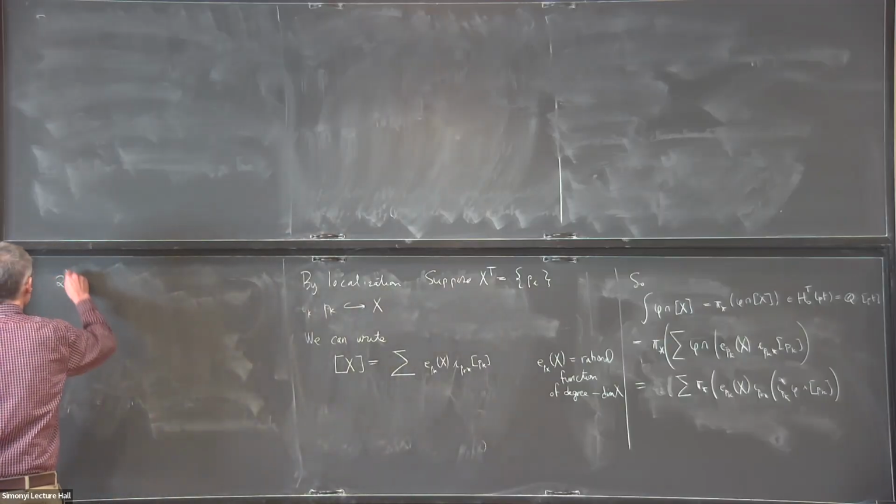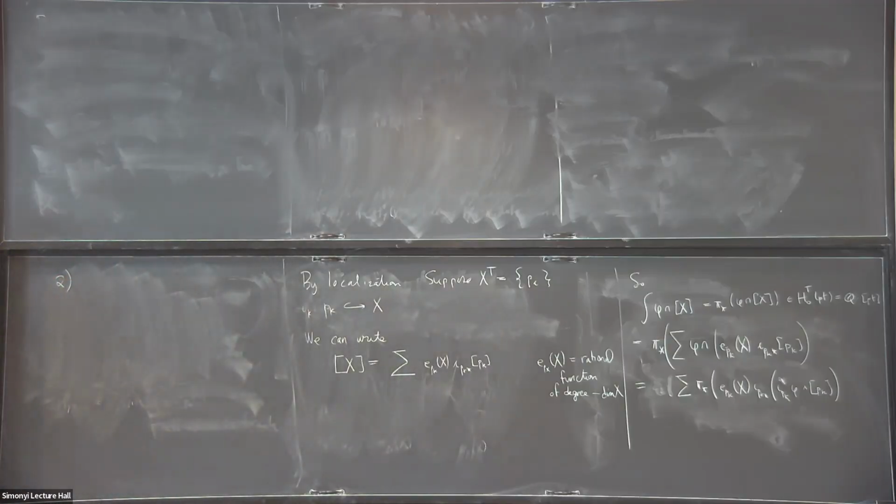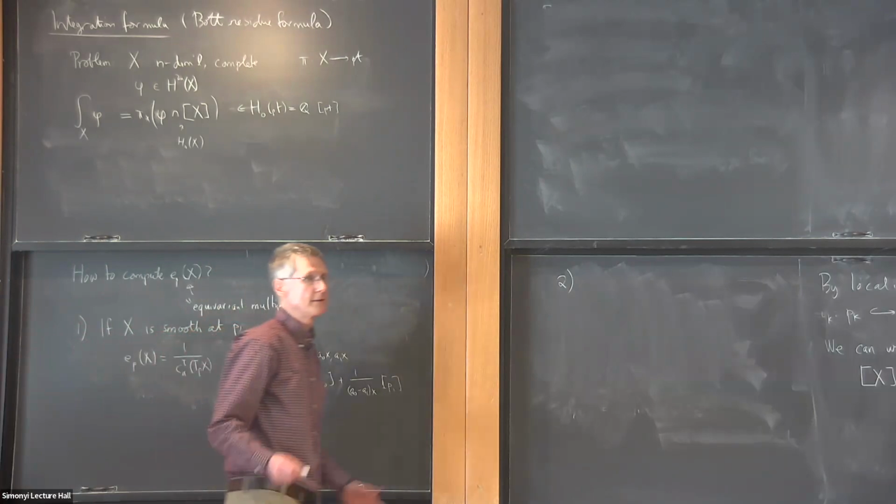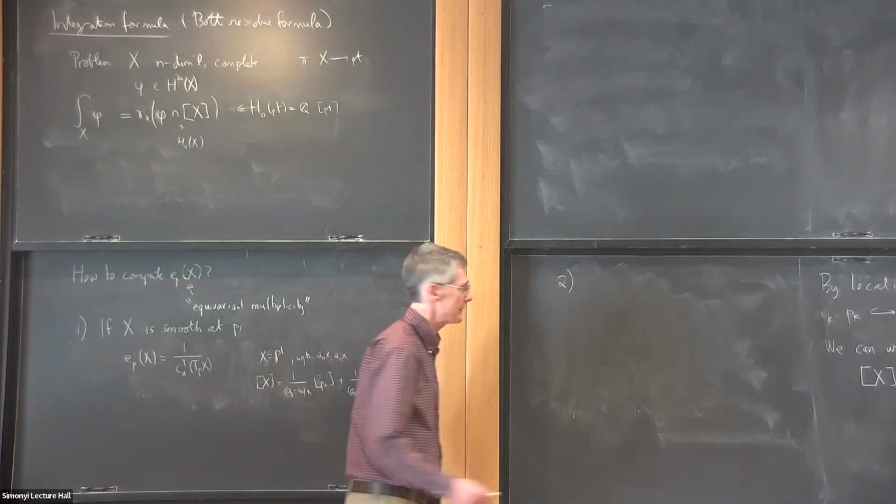The second way to compute these, the other ways of computing them, involve making use of what we know for smooth varieties. So the second way is if we have a resolution of singularities.